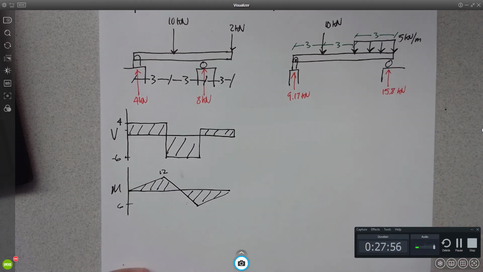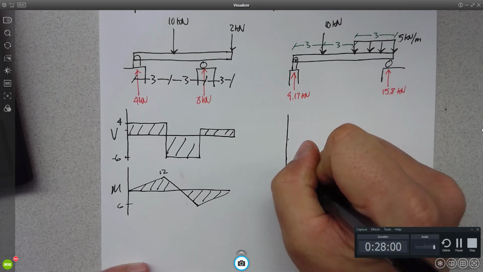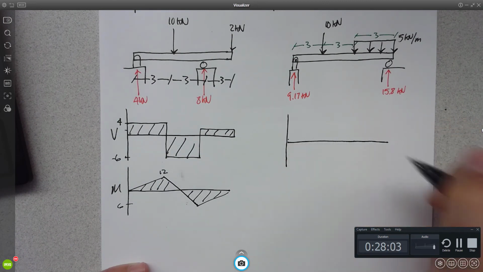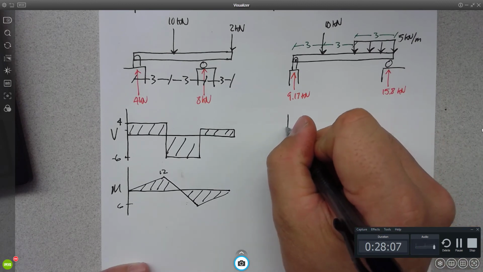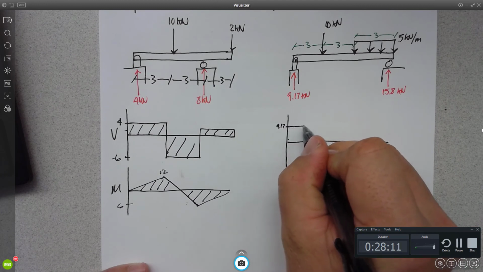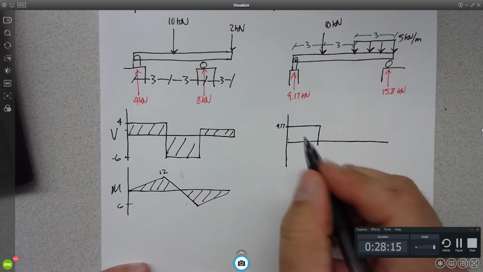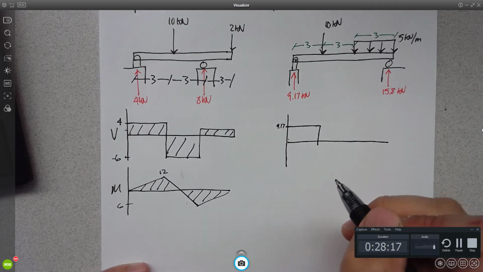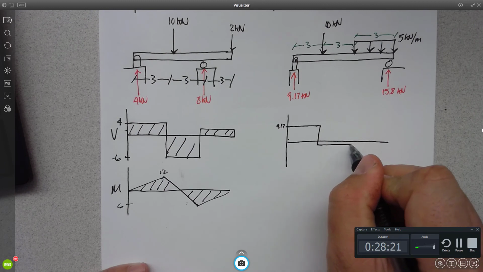So we can do our shear diagram then. Jump up 9.17. Come across, jump down 10 to negative 0.8. Right? No change till I get to here.